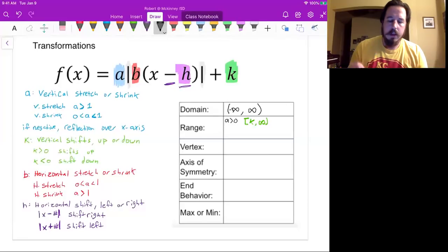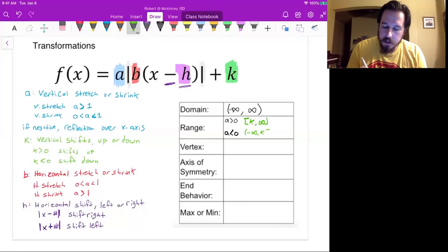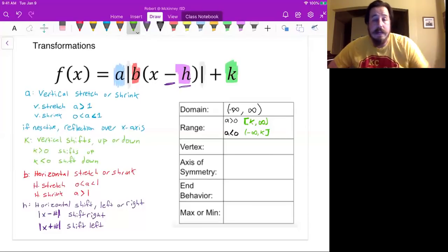Okay, and if my A value is negative, if I did have a reflection over the x-axis, then my range is going to be from negative infinity going up to K. Okay, and I am using a bracket on those K values because our function does hit there.